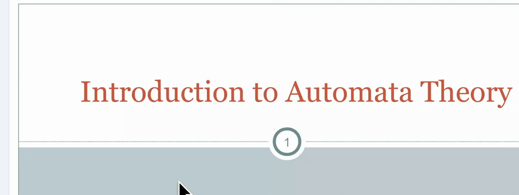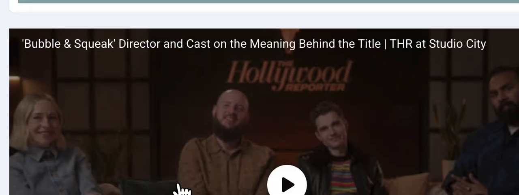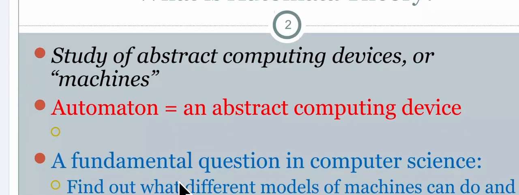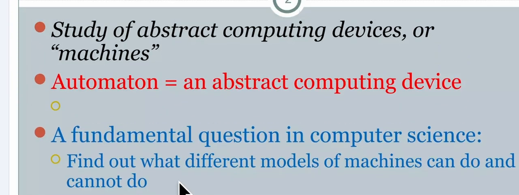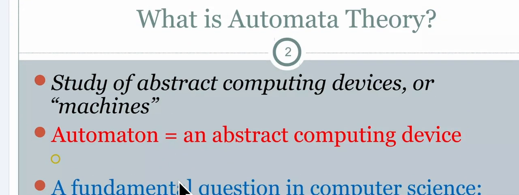Now, automata theory is the study of abstract computing devices. Abstract means they do not exist in the real world, but their ideas have been used in designing things like a compiler or a text editor.